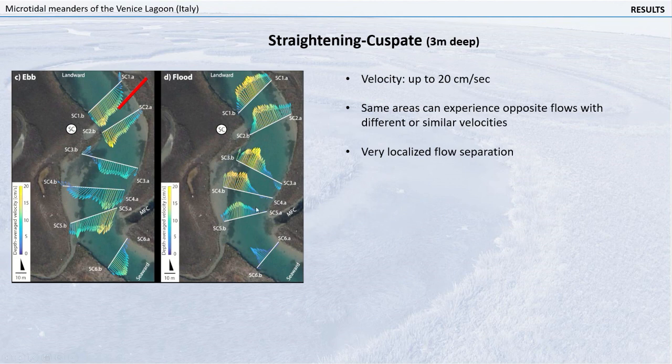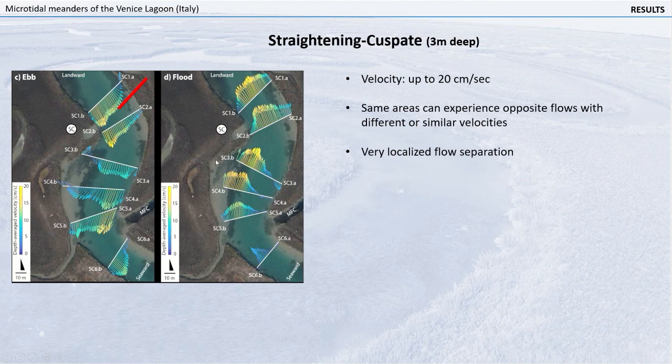Also in this case we can clearly observe the offset of the flood and ebb currents. The area affected by flood flow, the maximum velocity zone, is not the same when we consider the ebb flow. So also in this case, the currents are offset laterally.